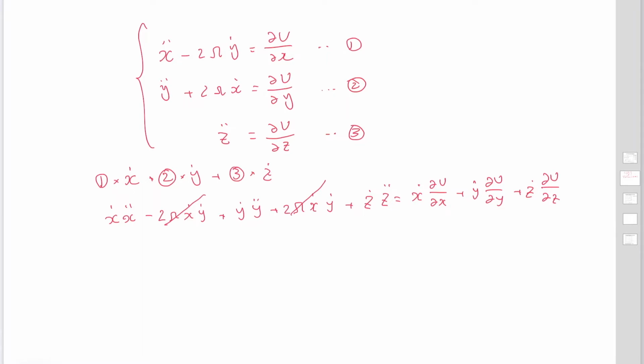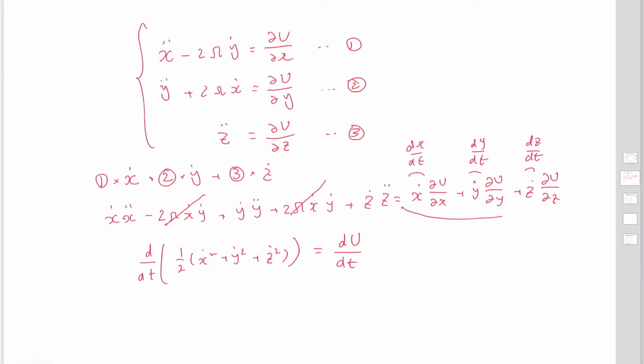From the rest of the terms we can combine inside of the derivative: 1 over 2 times x dot squared plus y dot squared plus z dot squared equals dU dt. So x dot is dx dt, y dot is dy dt, and z dot is dz dt, so we can combine these three terms into a single term.